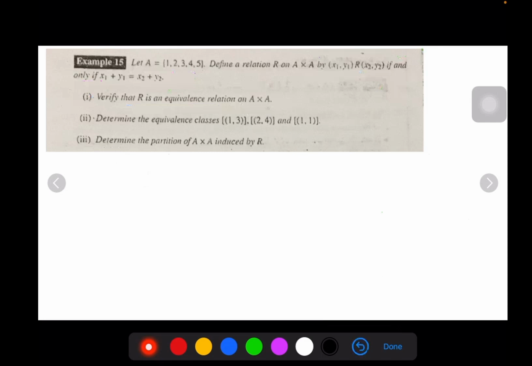Once this is done, I have to move on to the symmetric property. To check the symmetric property, I should take two elements.